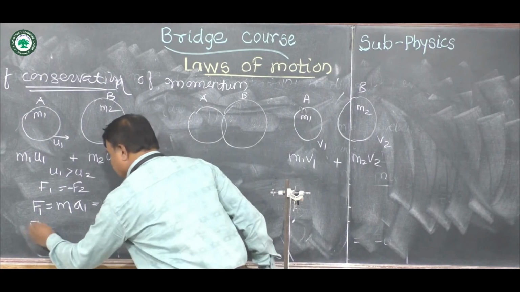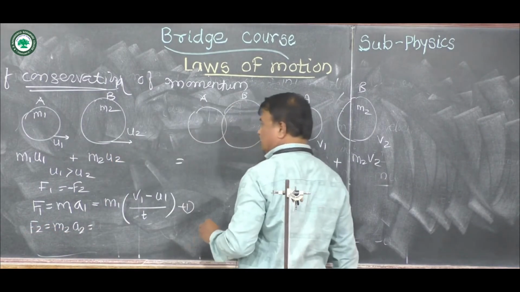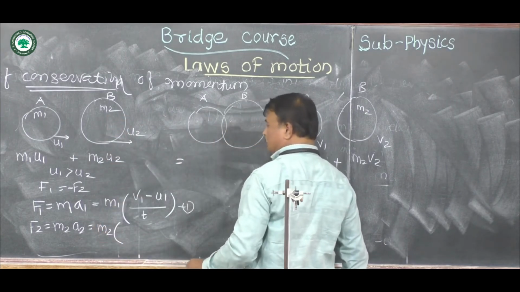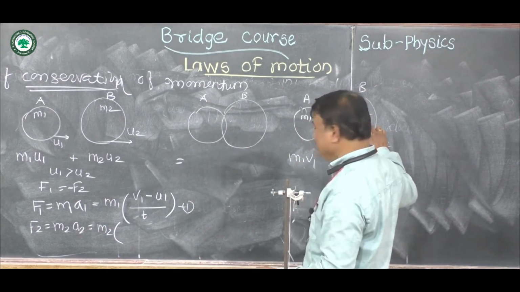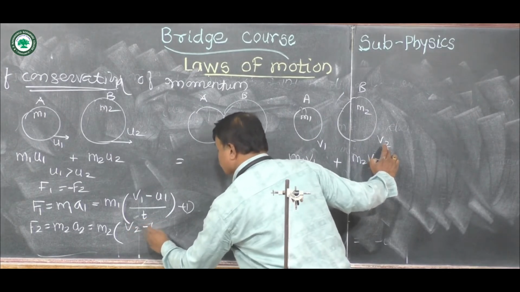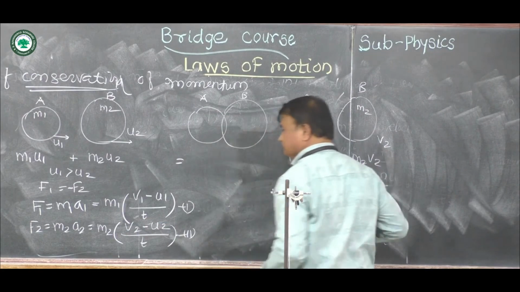Now F2 is equal to m2 a2. Mass of second body is m2. So that is equal to m2, after collision velocity is v2, so (v2 minus u2) upon t. Equation second.